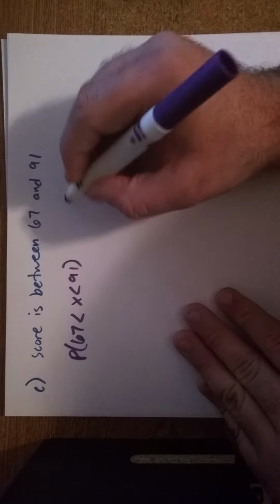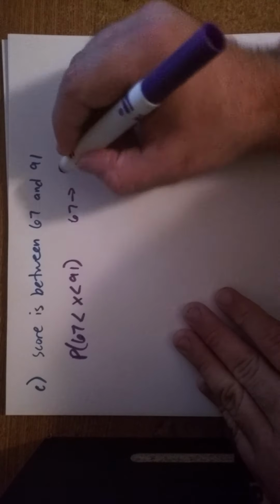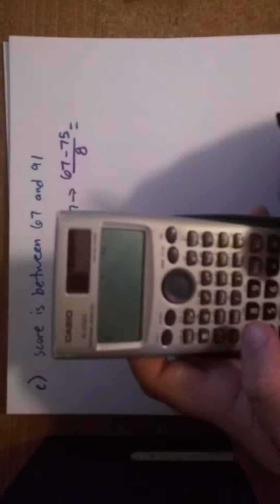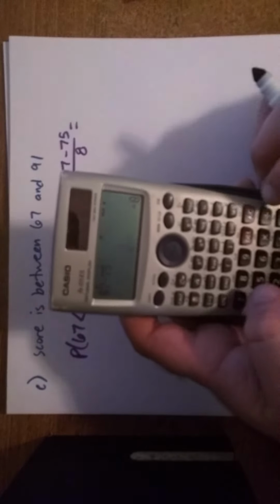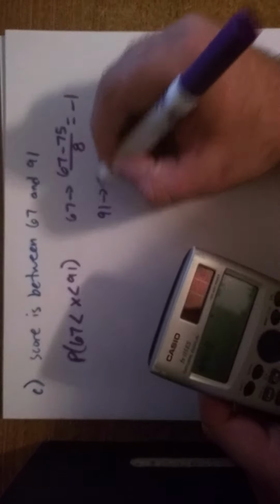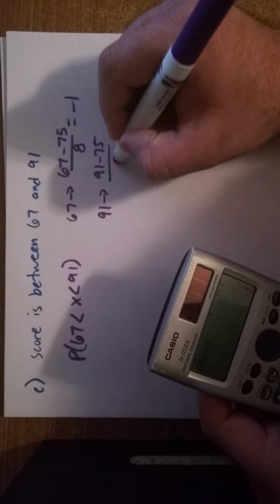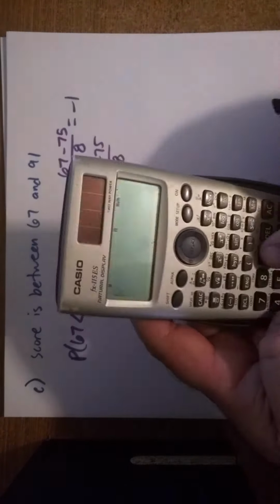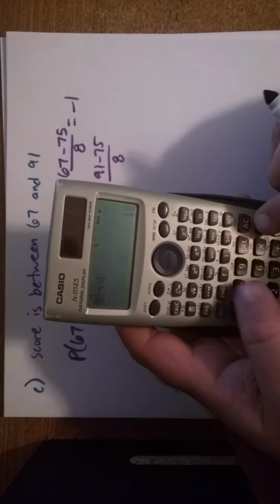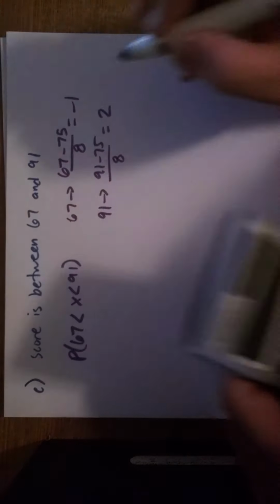We need to convert these to their z-scores. So for 67, we do 67 minus 75 divided by 8, which is negative 1. I do 91. 91 minus 75 divided by 8, which is 2.